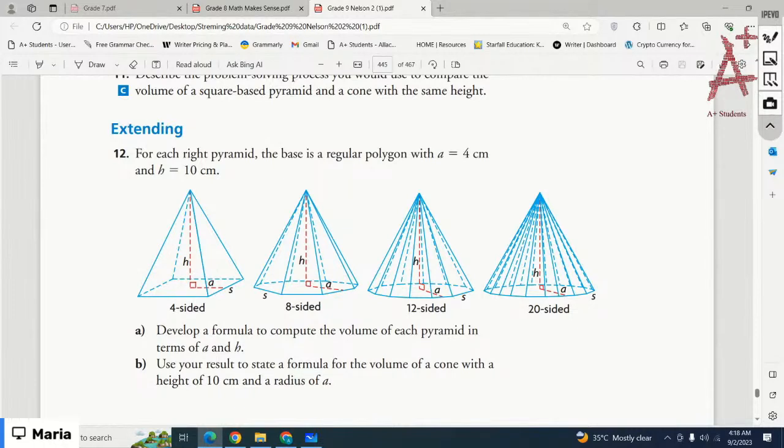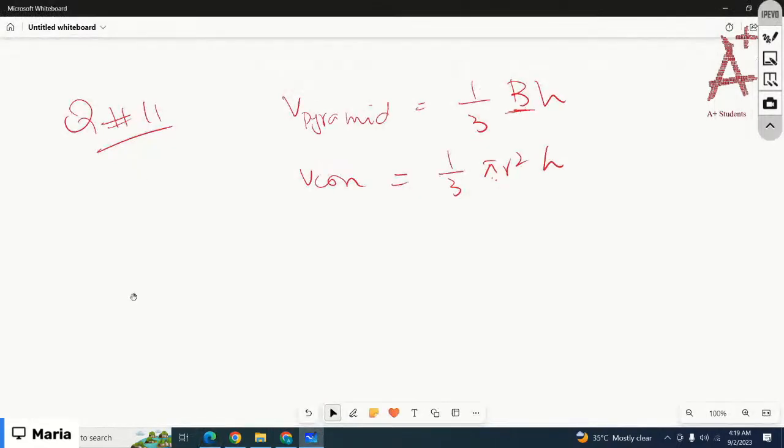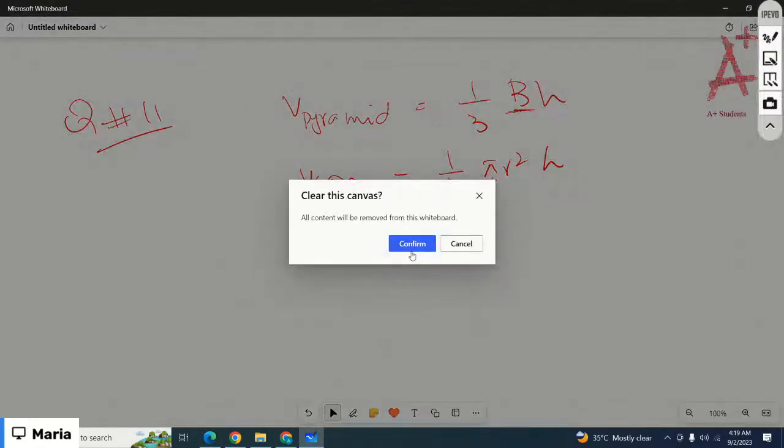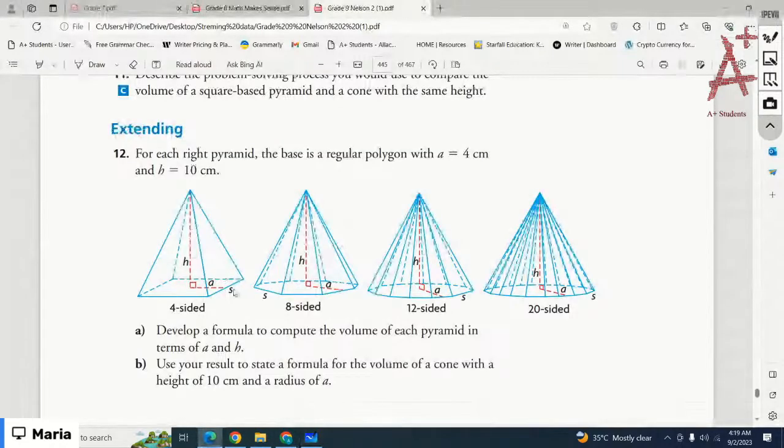Okay, so the volume is the amount of space occupied by a figure, right? So it would be V equals 1 by 3 base area times height. So for the first one, you can see the base is square, right?